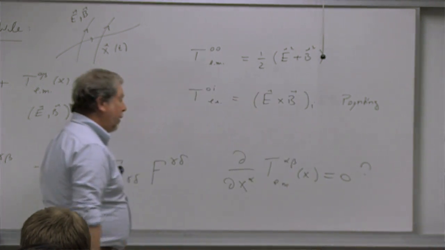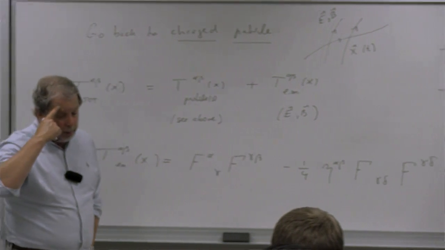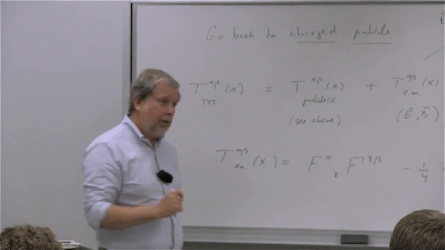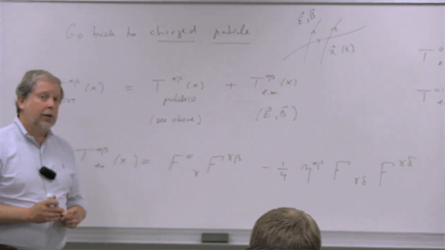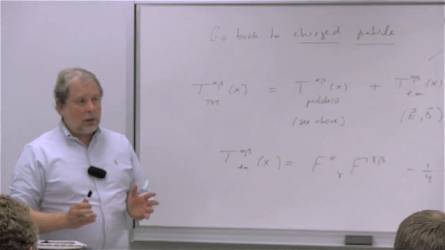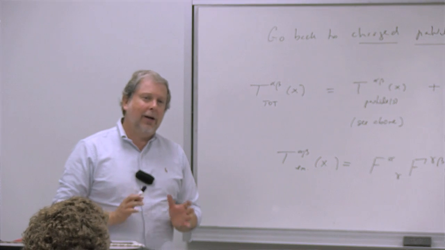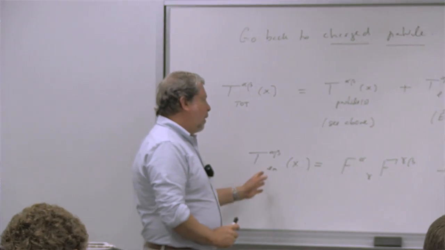We might wonder whether the energy momentum tensor for the electromagnetic field is actually conserved, and whether when you take the derivative of this, you get 0. That will be left as an exercise again. So you take the derivative of this.